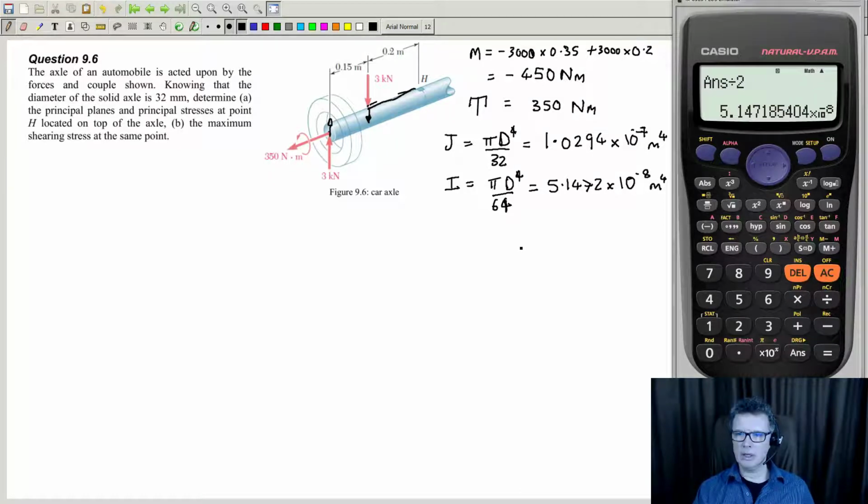Okie dokie. So let's find the compressive stress. So that will be the bending stress. Does it matter what plane I say it's in? Not really. I'll call it bending then. Actually, it'd be in the Y plane.